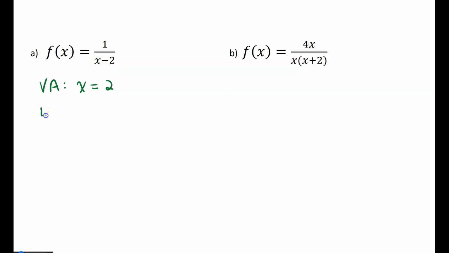All right, our end behavior asymptote. So, again, we have to compare the degrees of the numerator and the denominator. So I notice that I have an x, which is basically to the first power, in the denominator. I don't see a variable in the numerator. So technically, what is up here is an x to the 0.